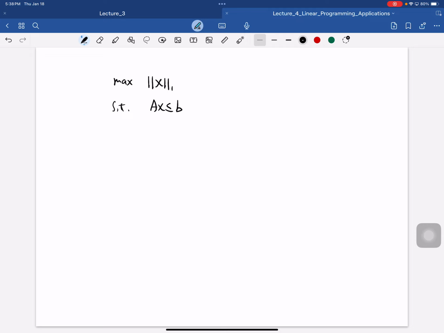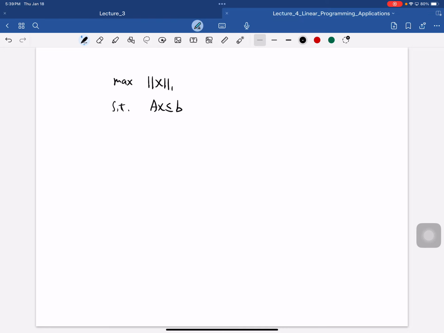Can this be represented as a linear program? Yes. You can just minimize the negative of the one norm, or you can change your b to negatives. That way everything stays the same size. Yeah, you can try that and see what happens. Any other thoughts about this?